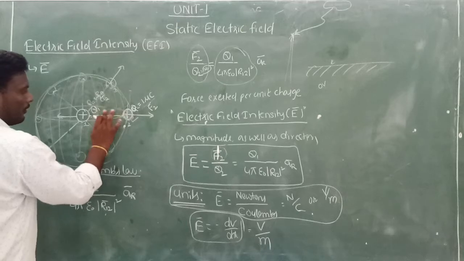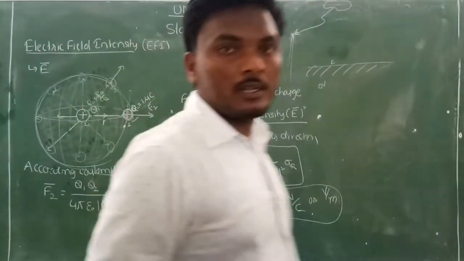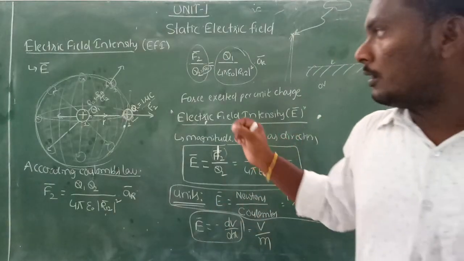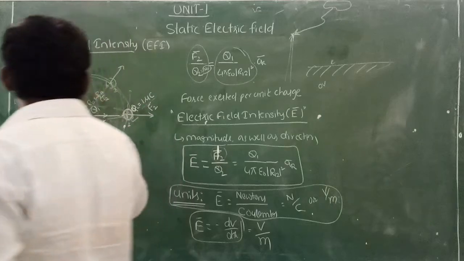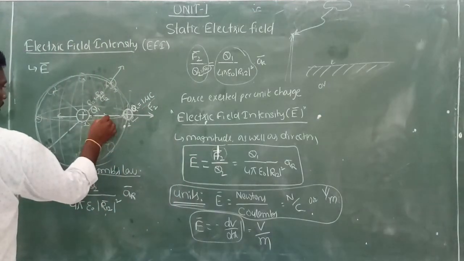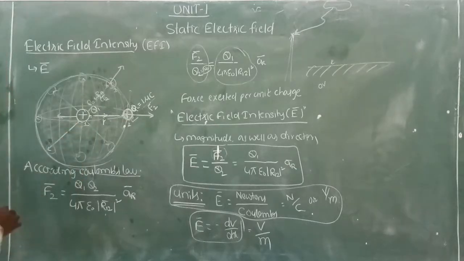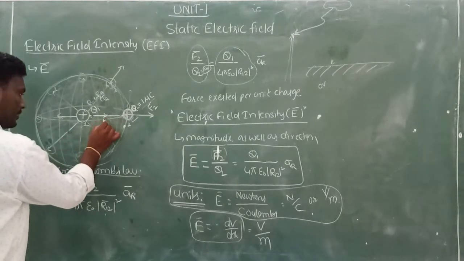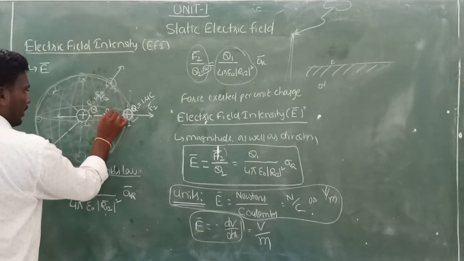Why? Because in our discussion of coordinate systems, I took the radius of the sphere as r. So that's why I am changing the distance between point 1 and point 2 to be smaller, because the radius of the sphere is small and the direction is a r bar.